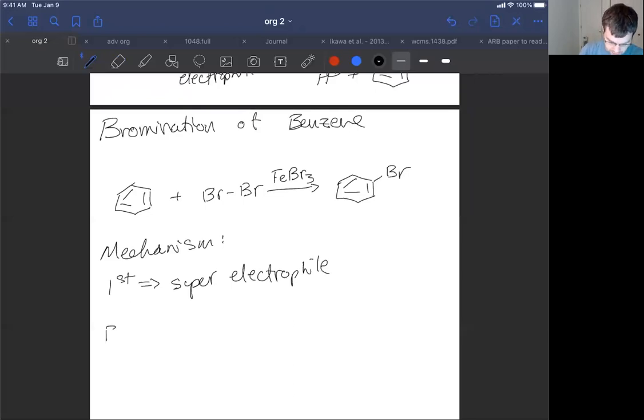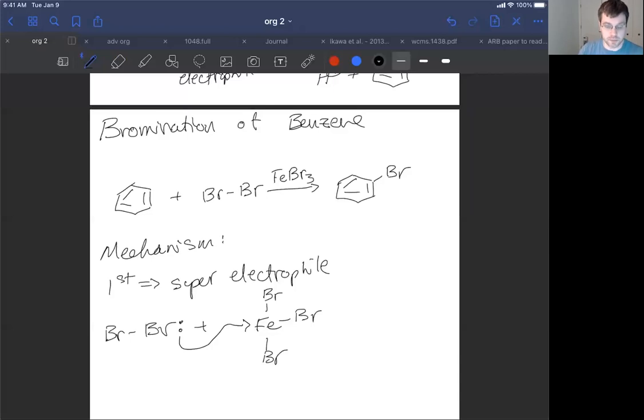So we're going to have Br2 add to FeBr3. FeBr3 is just going to act like an electron hole to take on any lone pair of the Br2. It can be on the left side or the right side, whatever.